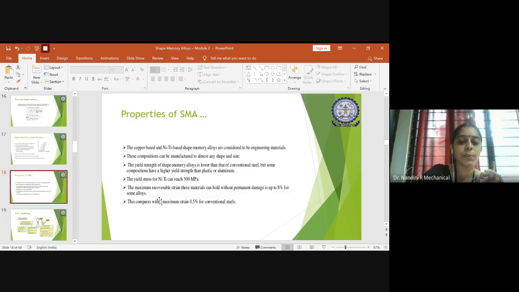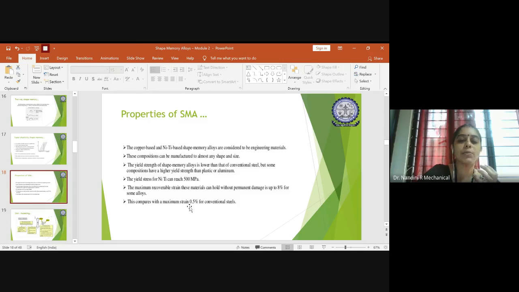And the last property of shape memory alloy is that this compares with a maximum strain of 0.5% of conventional steel. Here the things are referred with respect to conventional steel. I told you that yield strength is comparatively higher in conventional steel in comparison to shape memory alloys.